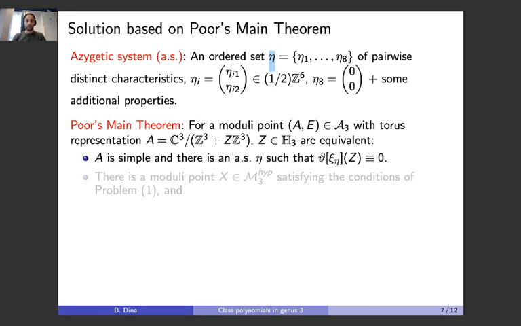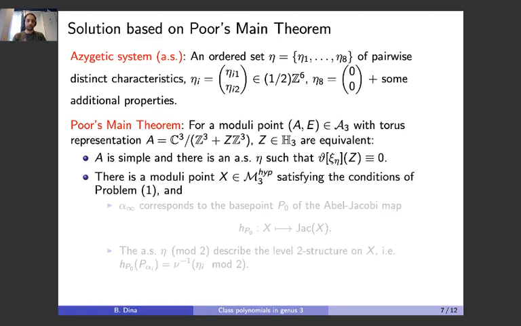Then we have two equivalent statements. First, A is a simple moduli point, and there is an azygetic system eta such that the unique characteristic which will be 0 in the set is constructed out of this ordered set eta.